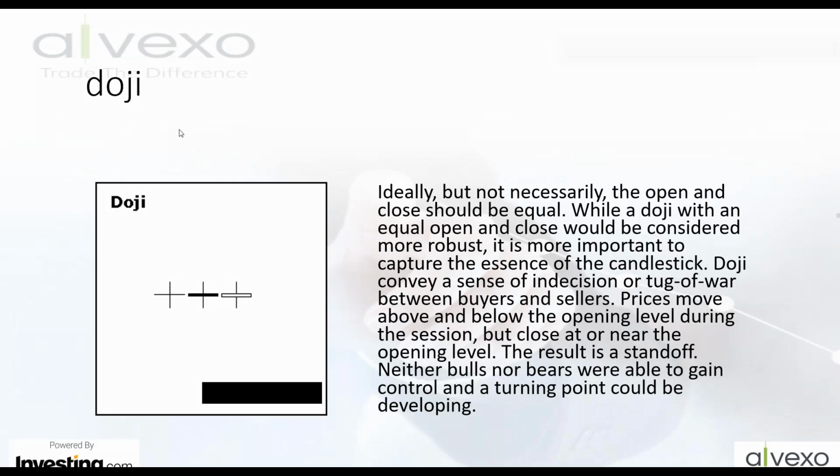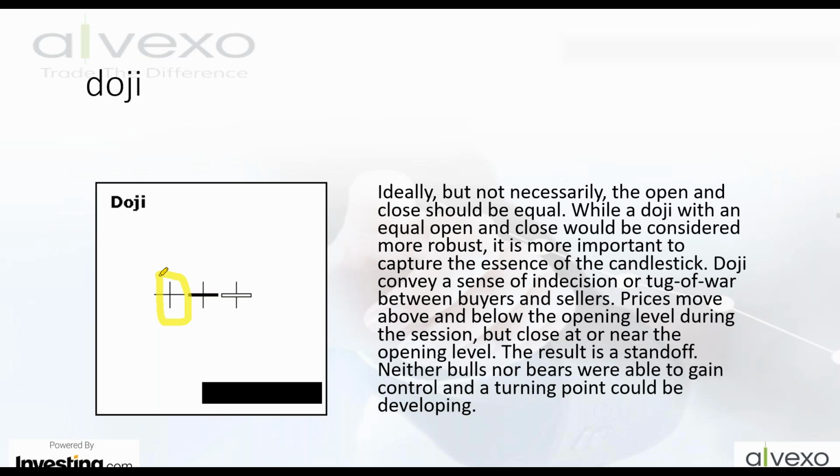A doji used to be defined only by the opening and closing price needing to be identical, and therefore you'd have a little straight line across. You'd have no body at all. But that was years before we had computerized online trading. It has to do especially with Forex trading, which became very large because we're trading in pips, four decimals over to the right.